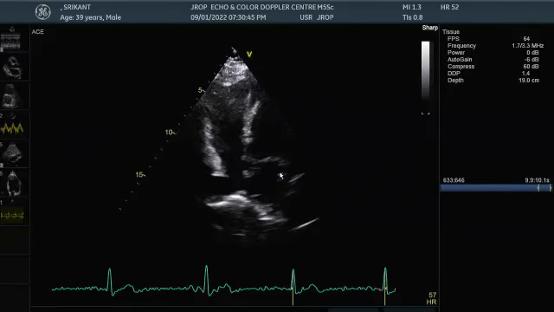We were talking of peak velocity and mean gradients, in stenotic lesions and prosthetic valve abnormalities. In the aortic valve and pulmonic valve, we take the peak values, and for mitral and tricuspid, we take mean values. But in aortic valve also, peak velocity more than 4 meters per second, and the mean gradient should be more than 40.